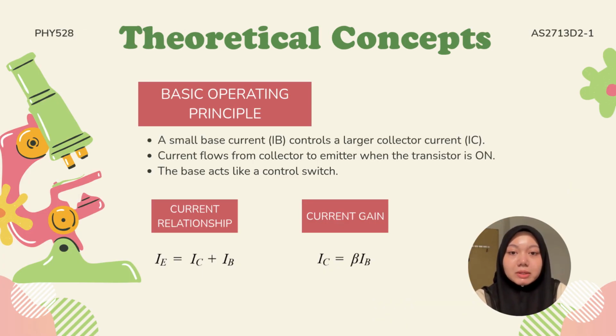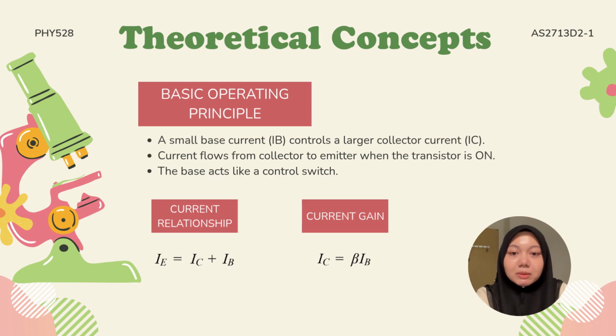First, I will explain the theoretical concept of BJT in transistor switching application. The basic working principle of a BJT is that a small current at the base can control a much larger current flowing from the collector to emitter. This means that the base acts as the control terminal.